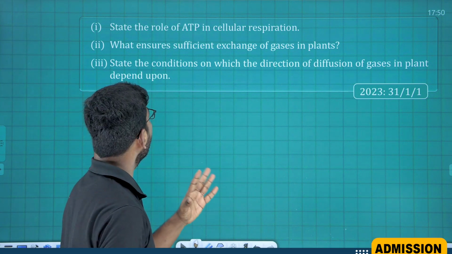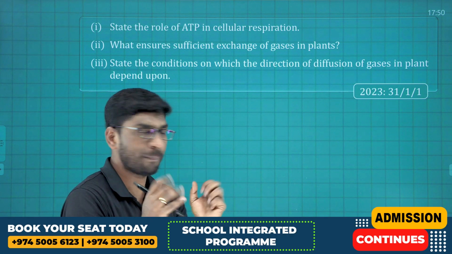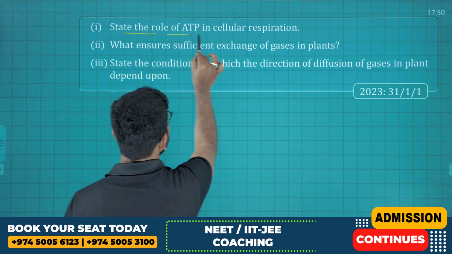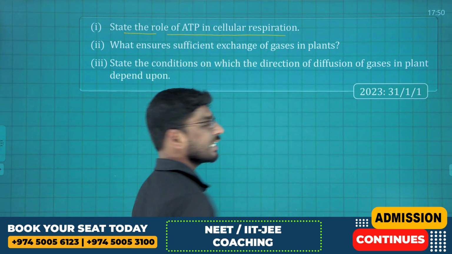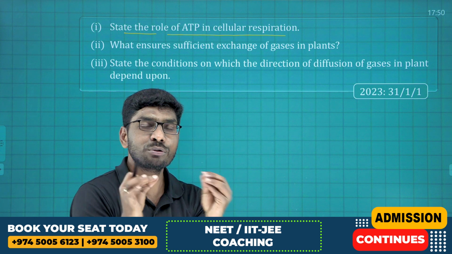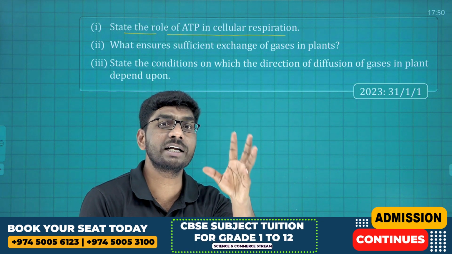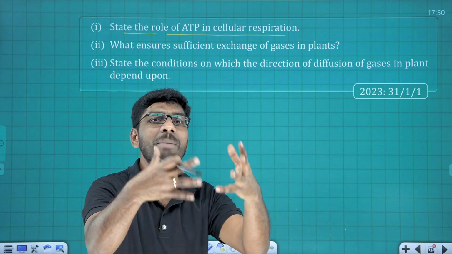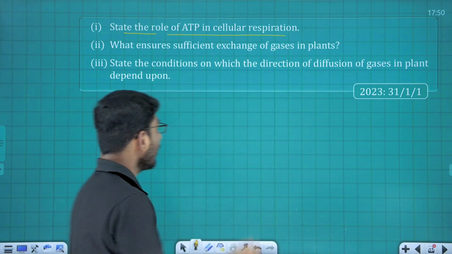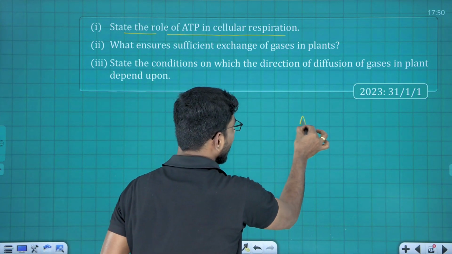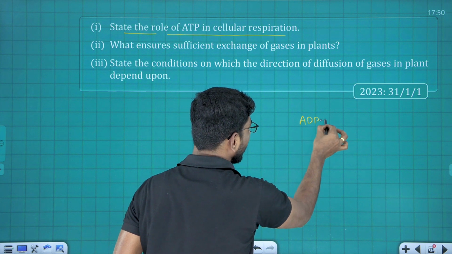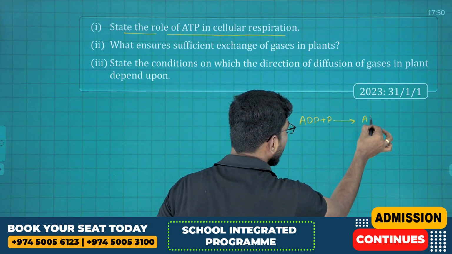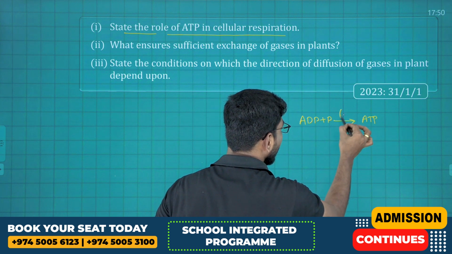Come to the next question, 2023, from the respiration topic. Look here, it's clearly given. State the role of ATP in cellular respiration. I told you, when glucose undergoes the breakdown process, eventually we get one chemical energy called ATP. ADP takes one inorganic phosphate to form ATP. Yes or no?